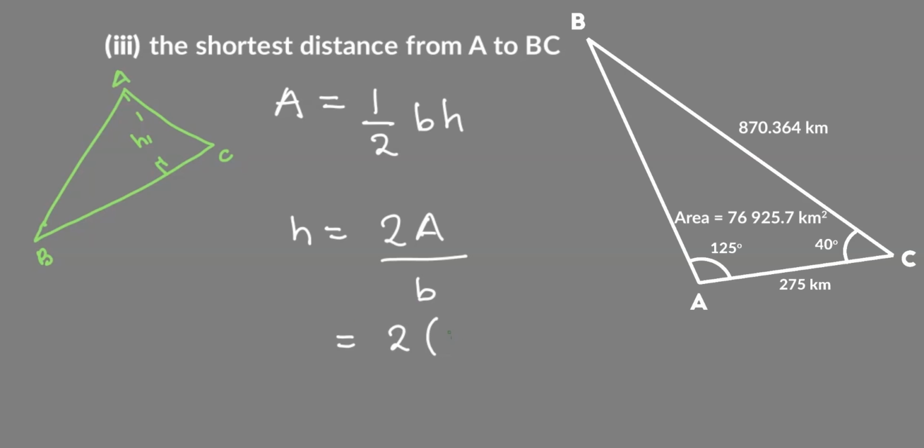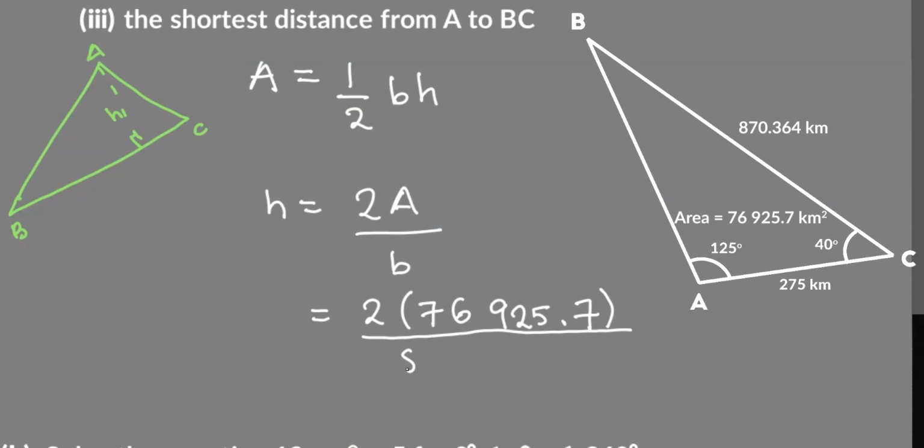We can use 76,925.7. Our base is side BC, which we also calculated earlier. If you can remember, the value was 870.